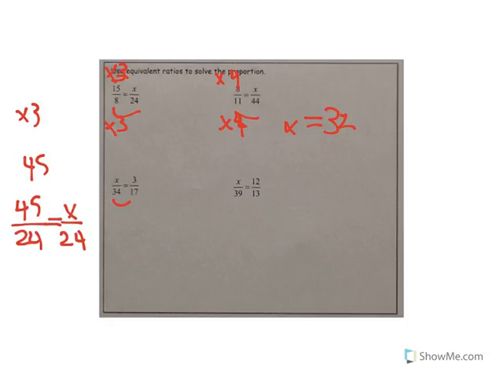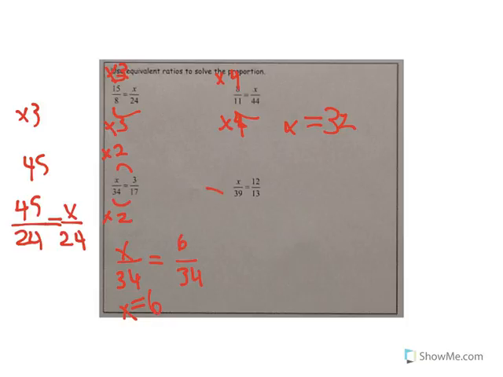The order of the equation is different, but I'm still changing 17 into 34 by multiplying everything by 2. So I have to multiply the top by 2 as well, and x is going to be equal to 6.